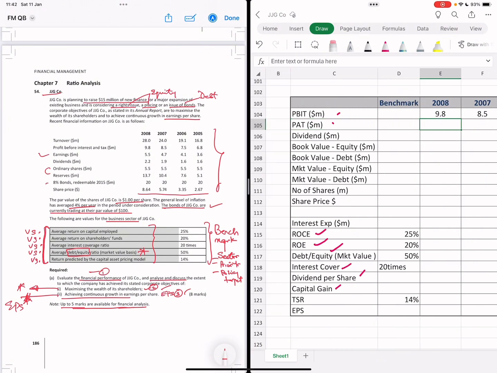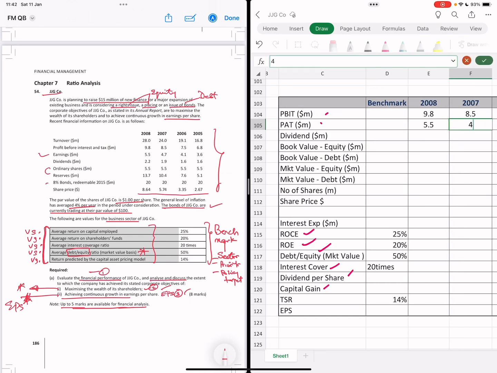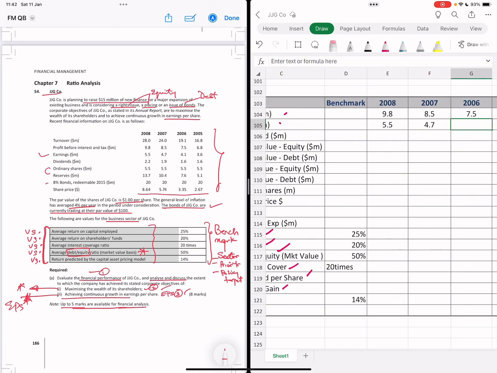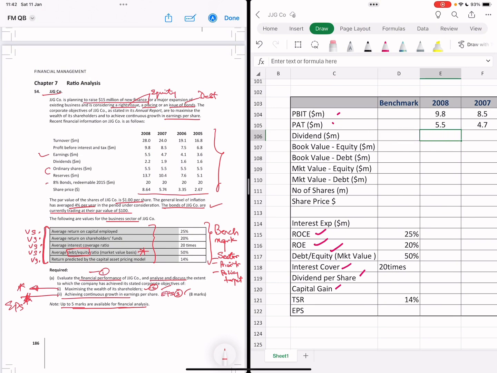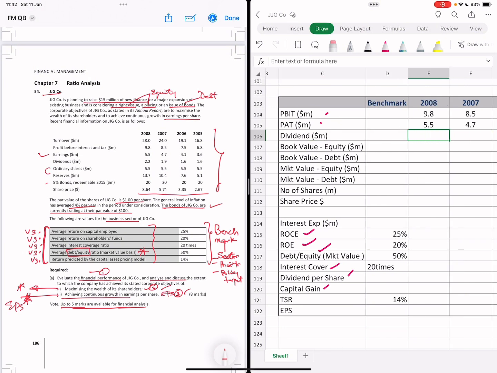Our profit after tax, 5.5, 0.6. Then the dividend, the total dividend paid. So total dividend paid for 2008 is 2.2 million.